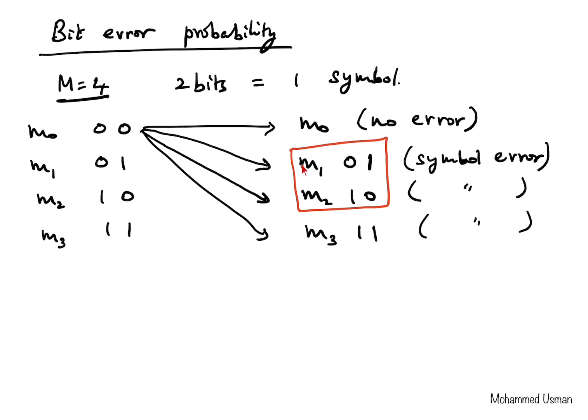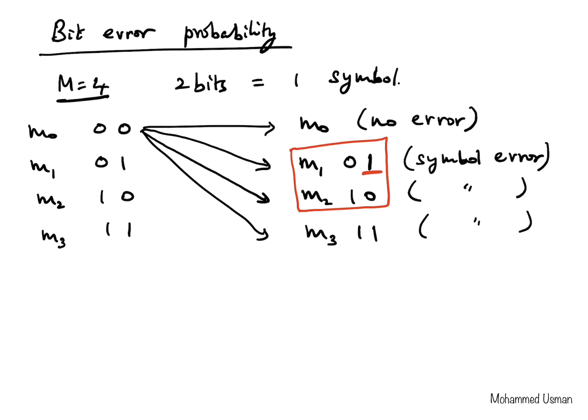Even though the symbol M0 became M1, the first bit of that symbol is the same as the first bit of the transmitted symbol. So there is only error in the second bit. So I will underline the bit which is having an error.